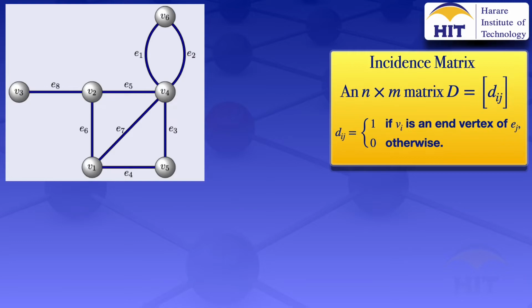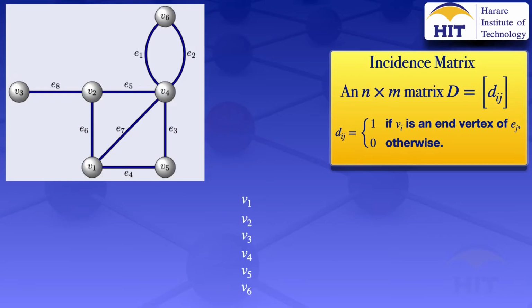So what we would have there, the n will be the number of vertices that we have, and the m, the number of edges that we have. In this case, we have 6 vertices, v1 up to v6. So that will be our rows. So we have v1, v2, v3, v4, v5, and v6.